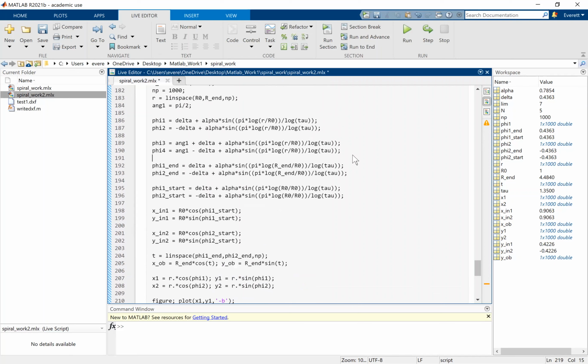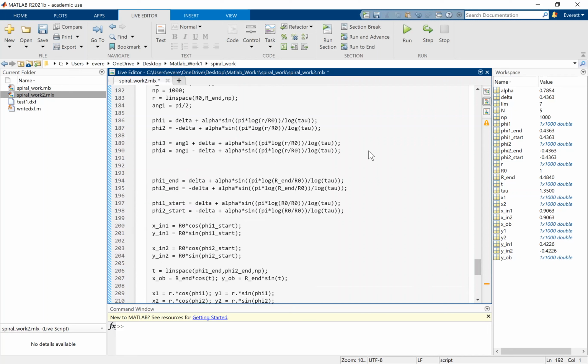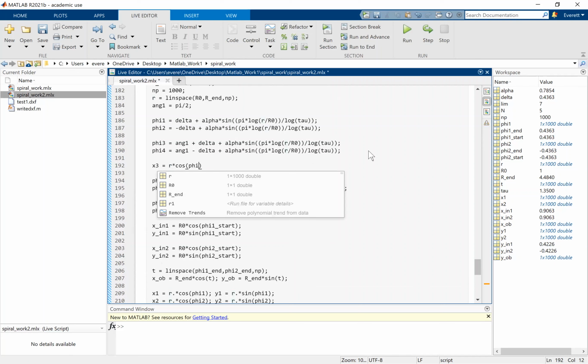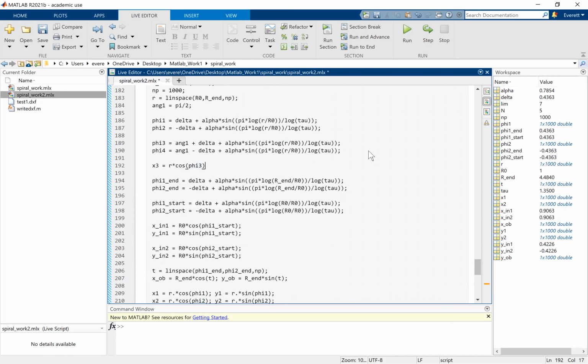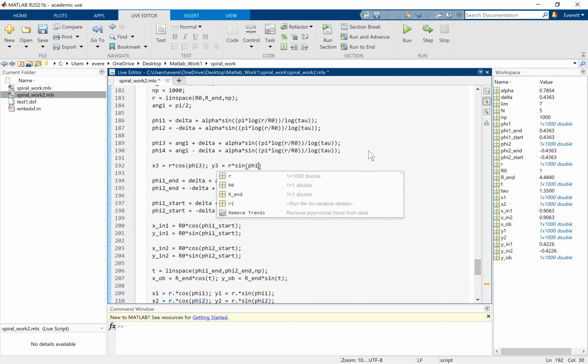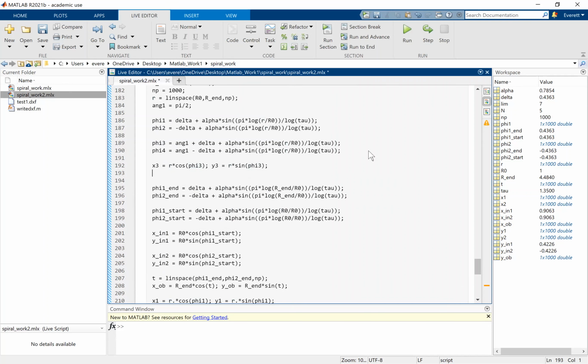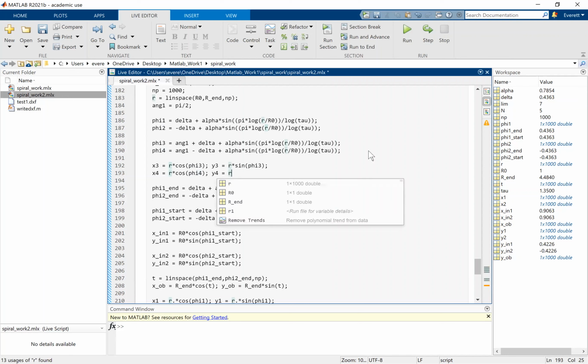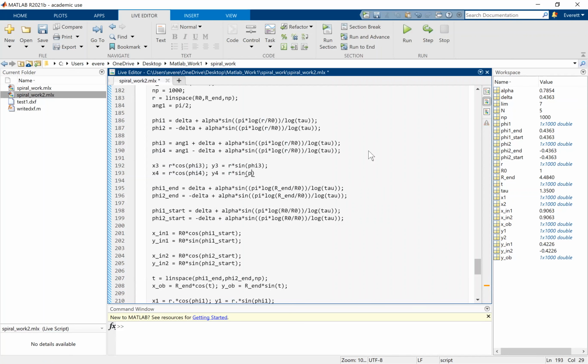And again, we need to change this to Cartesian coordinates. So we'll do x3 equals r times cosine of phi3. y3 equals r times sine of phi3. x4 equals r times cosine of phi4. y4 equals r times sine of phi4.